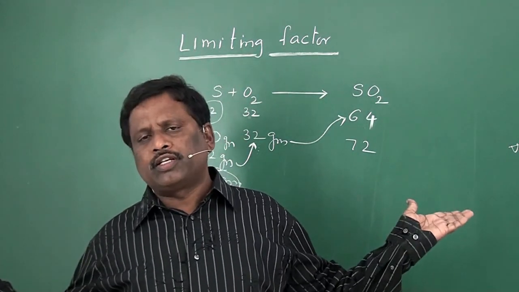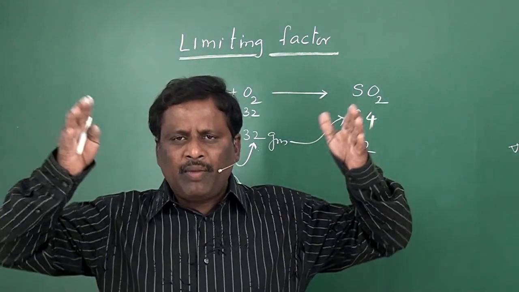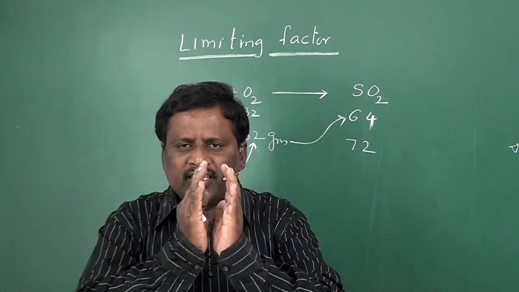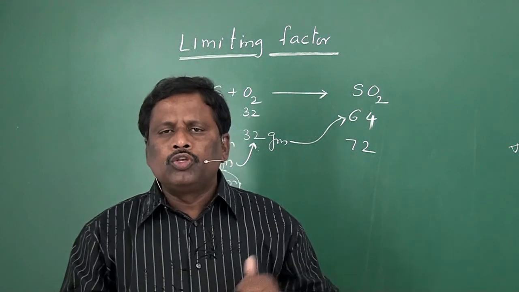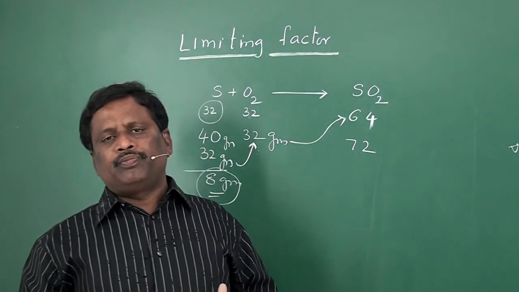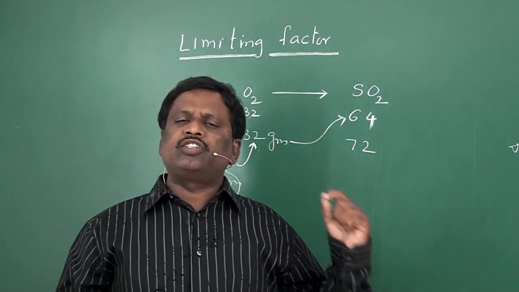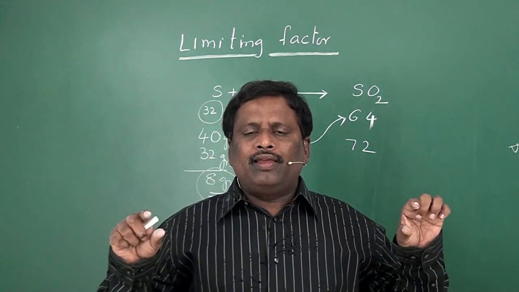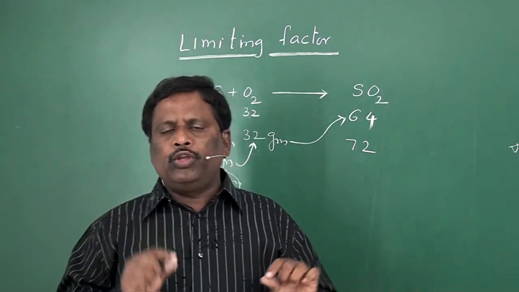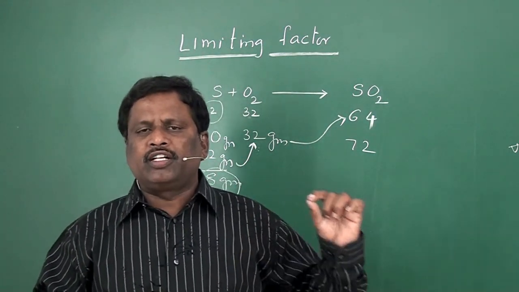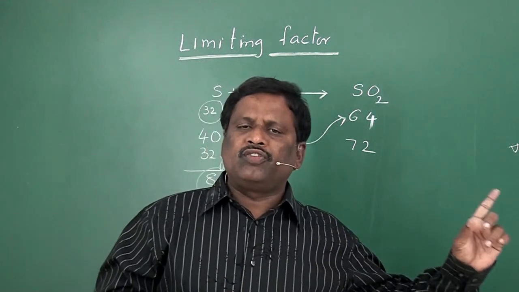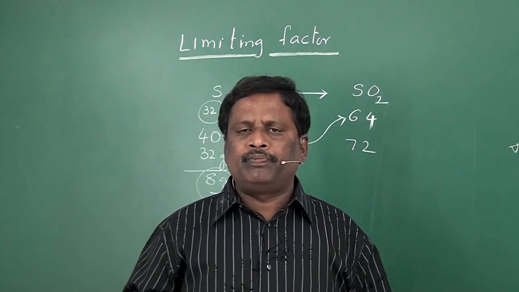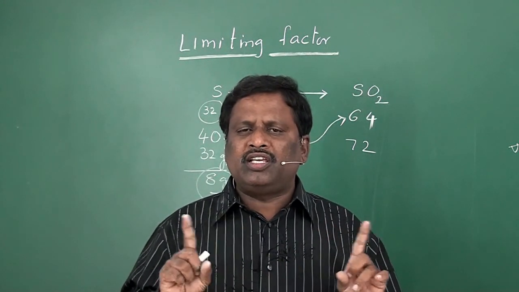Whatever the amounts of substance that you have taken, within the available, they react with each other in a fixed ratio. So in this reaction, sulfur is reacting with oxygen to give sulfur dioxide. You apply the atomic weights: 32 units of sulfur react with 32 units of oxygen to give 64 units of sulfur dioxide. That is the fixed ratio. That ratio will not change.